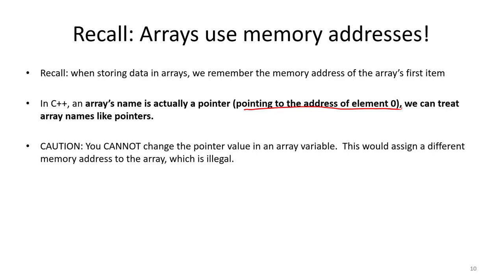One thing to be careful of is the name of an array is a pointer that points to that array's element 0, but we're not allowed to change that pointer variable for an array. That would basically assign a different memory address to element 0 of the array, which would be illegal. So you can treat the name of an array like a pointer, but you cannot actually change the memory address where element 0 is stored.